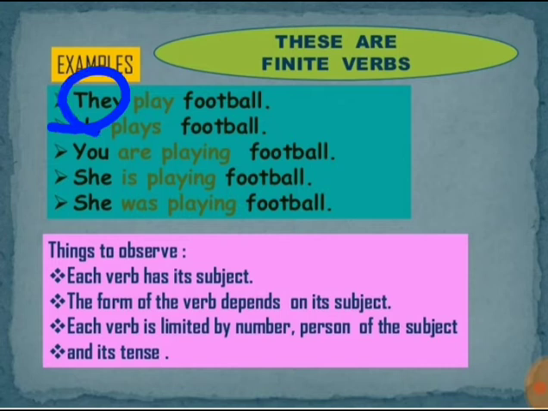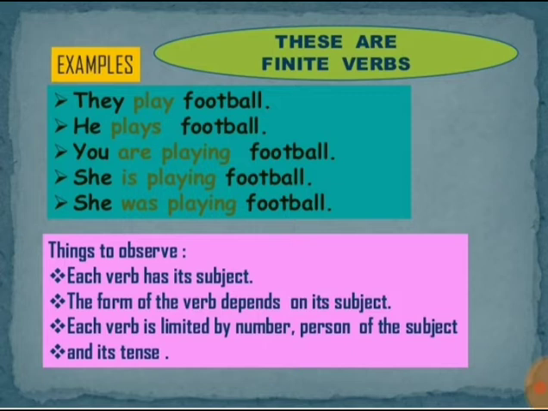The subject of the verb. Okay, you know what is the subject. He, see the second sentence, plays football. You are playing football. You, plural. She is playing football. She was playing football. We were playing football. So the verb, okay, is finite verb over here.